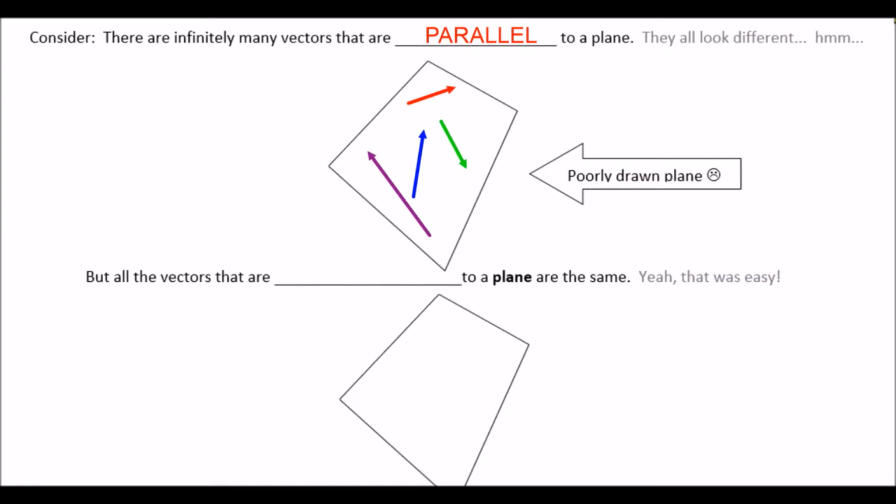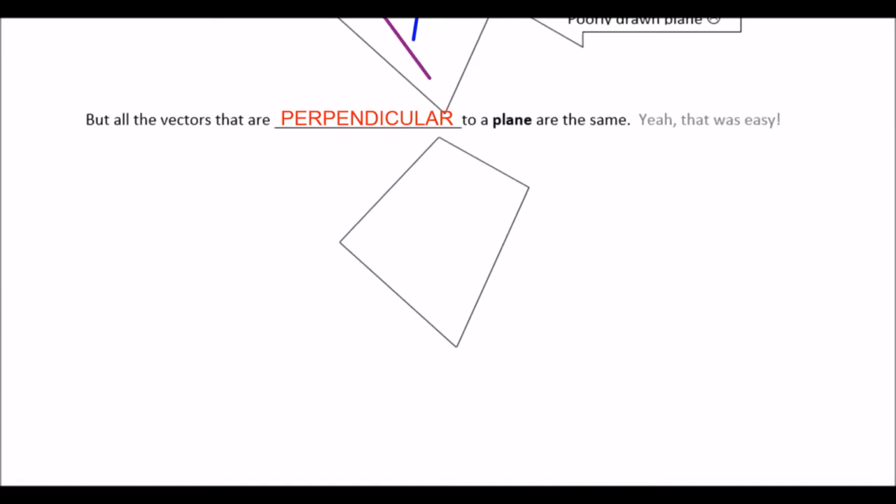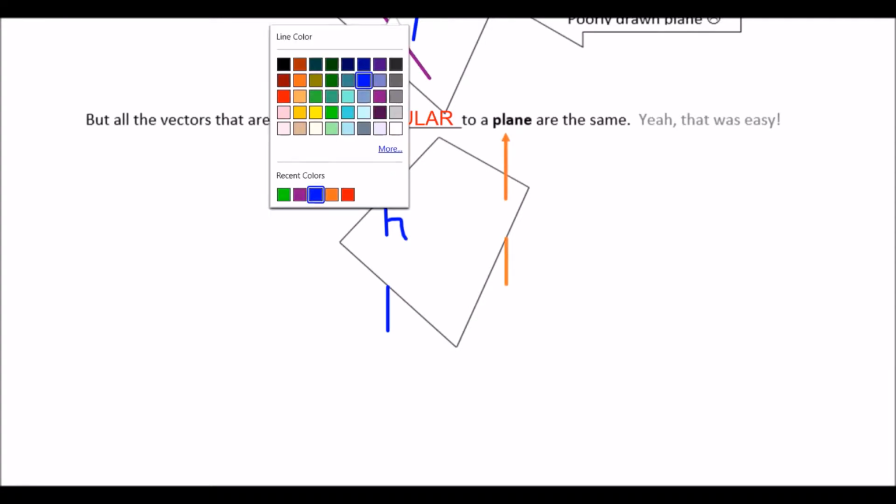But all the vectors that are perpendicular to the plane are the same. What do you mean, Mr. Willis? Well, that vector right there is perpendicular to the plane. That means that this meets the plane at a 90-degree angle. I've also got another one here, a nice orange one. I know that that one is also perpendicular to the plane.